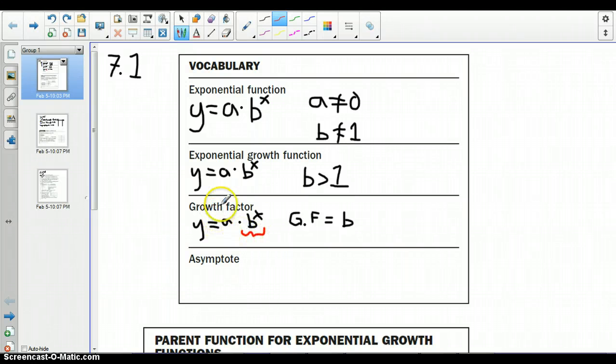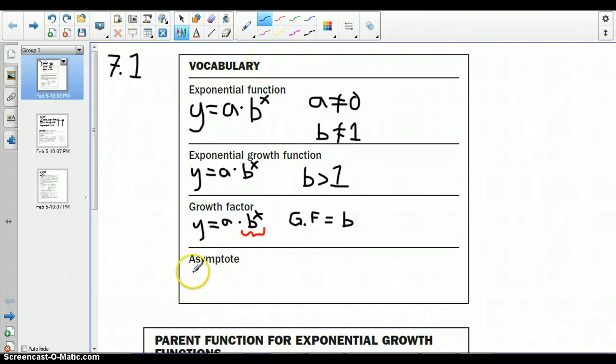So whenever you're looking at these exponential growth functions and you're asked to identify what the growth factor actually is, just look at the b, just look at the number being raised to the exponent, and that'll tell you what the growth factor is. And from there you should be able to interpret by how much the function is growing every year.